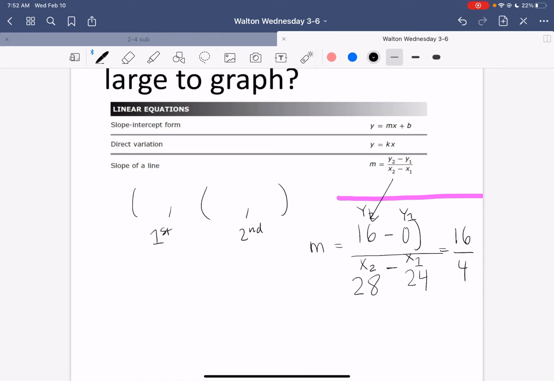So now we have 16 over 4, and it's positive, but now we need to simplify. 16 over 4 is just 4. So that, my friends, is going to be my m, is 16 over 4, which was just 4. Okay? All right.